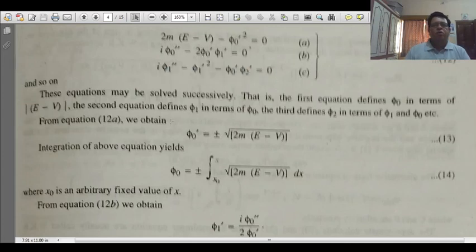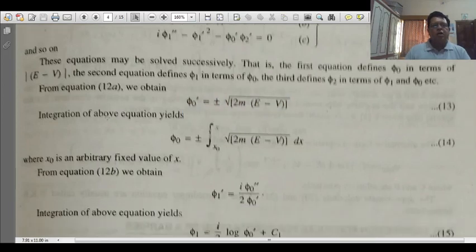So from equation A, phi 0 dash equals plus minus the square root of 2m times (E minus V).